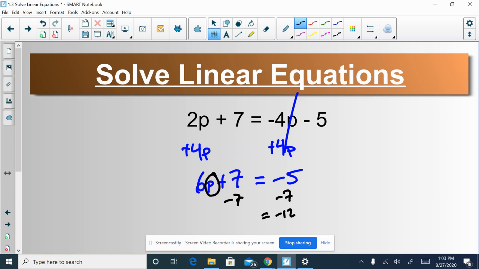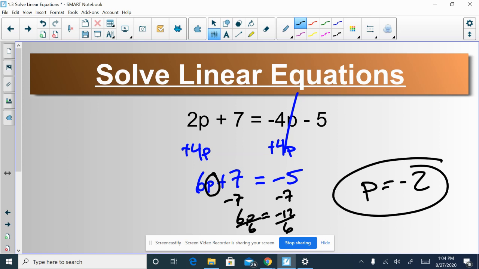There is not a quiz or a test this year where I'm going to say you cannot use your calculator. You are allowed to use it. And that would be 6p is equal to negative 12. Of course, you divide each side by 6 and get p is equal to negative 2. Once again, we could check that, and that would be a good thing to do.